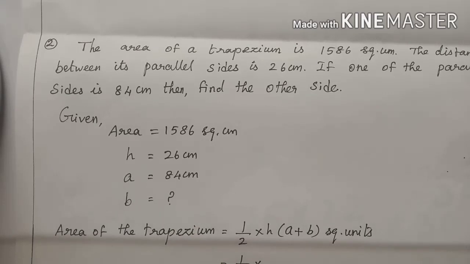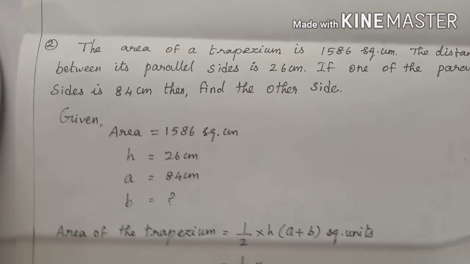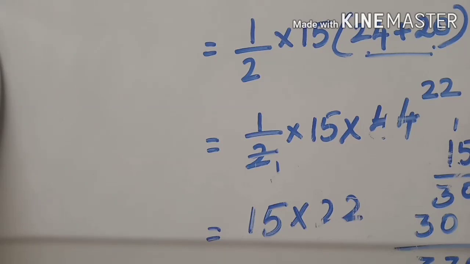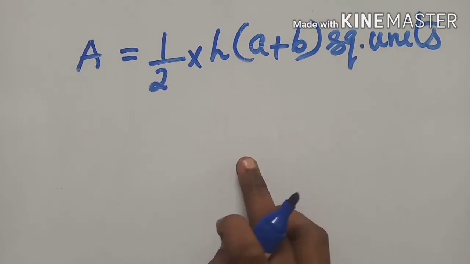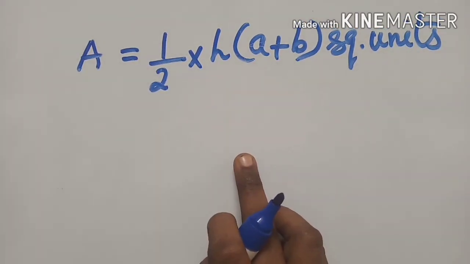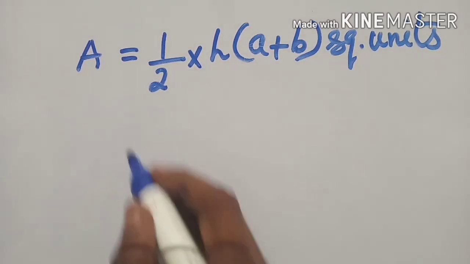What is the formula? Area of the trapezium is equal to half into h into a plus b square units. Let us move on to the sum now. Area is equal to half into h into a plus b square units. Here, substitute the values first.